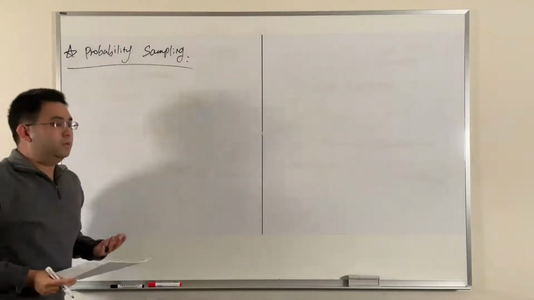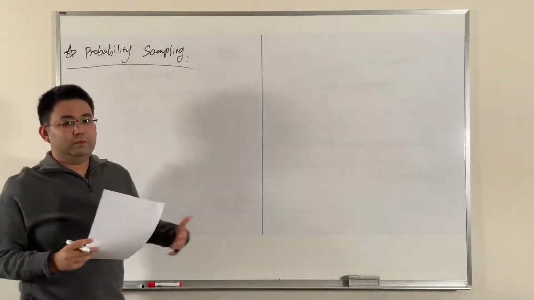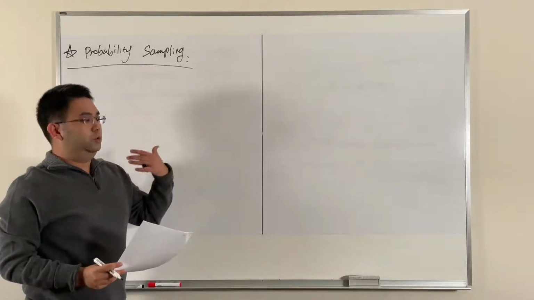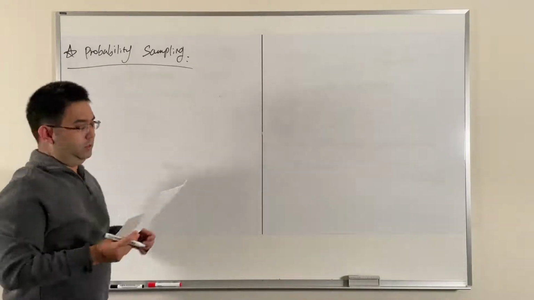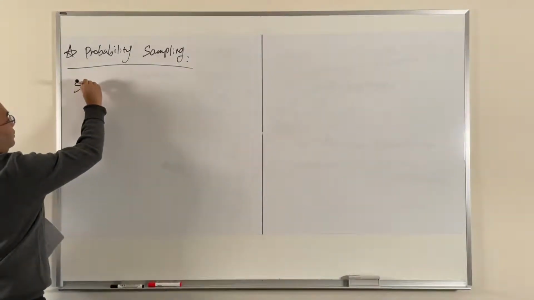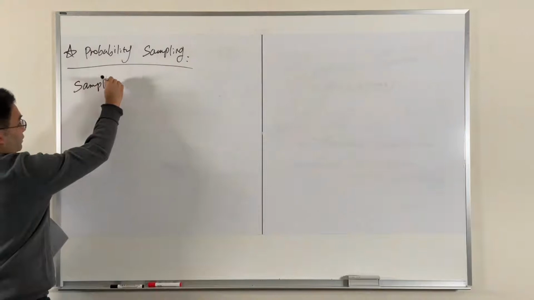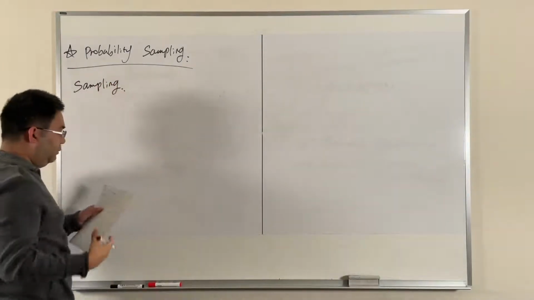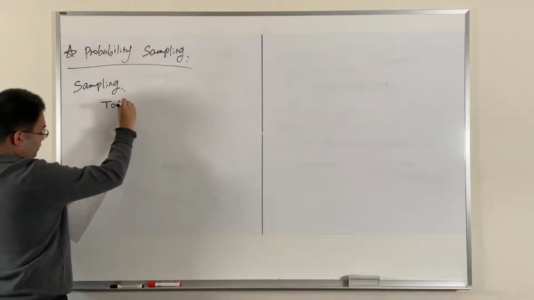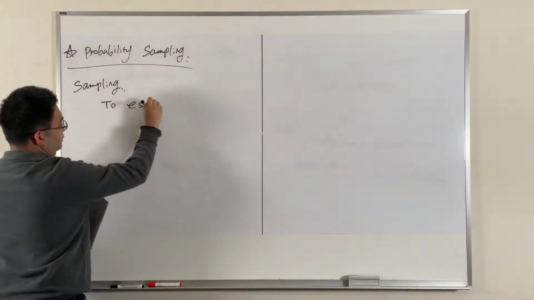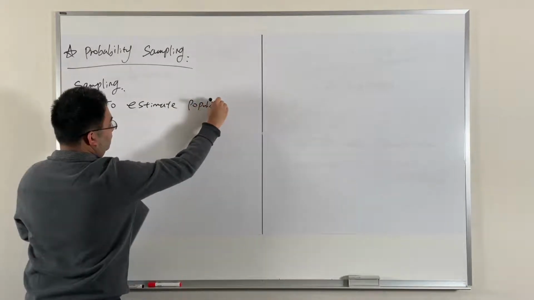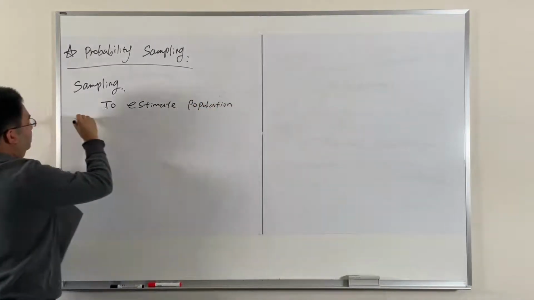When we talk about the concept of inferential statistics, it is when we want to use a sample to estimate our population. The way we do this is through sampling, right? So we're going to collect a bunch of samples and then do the estimation. We're going to do sampling to estimate population parameters.